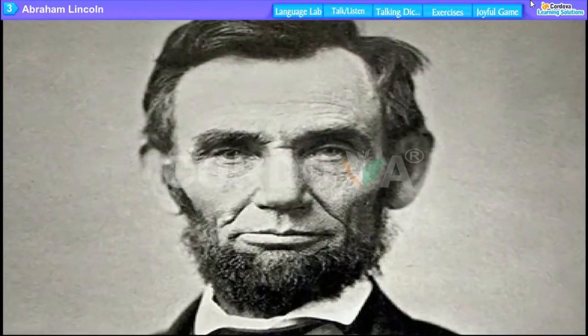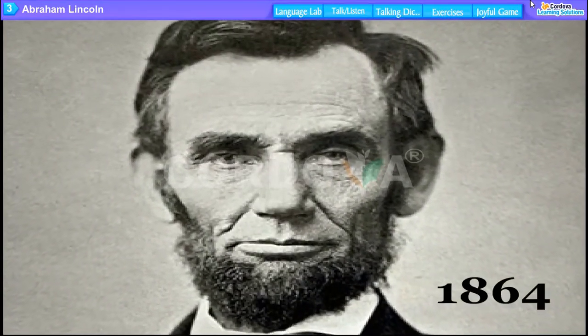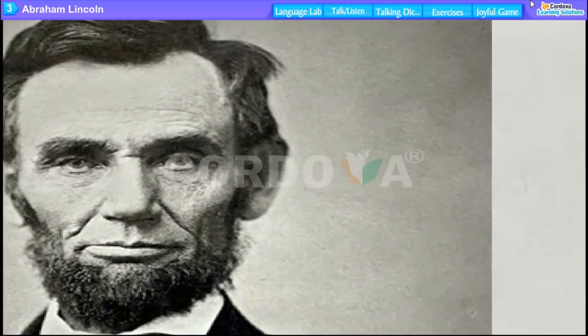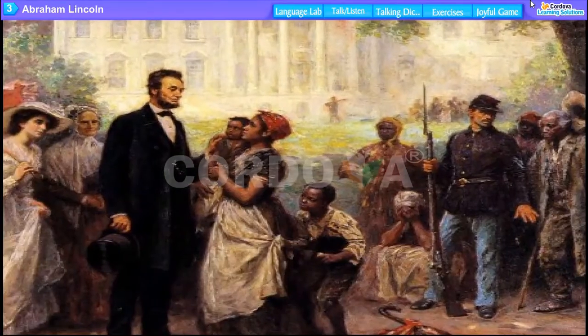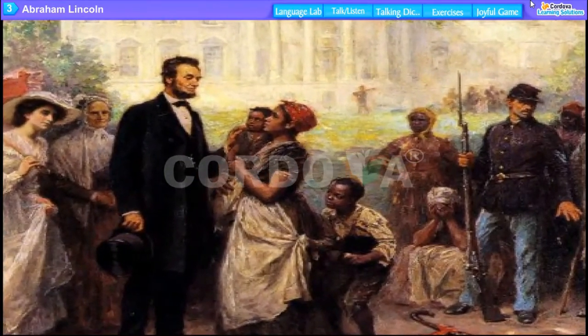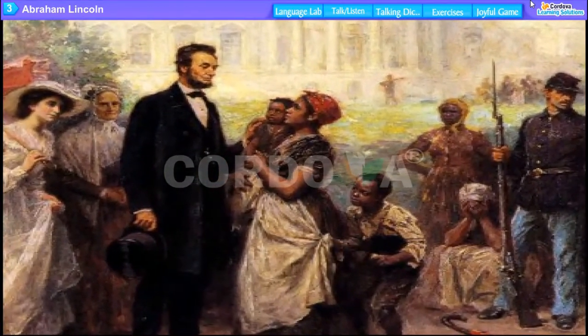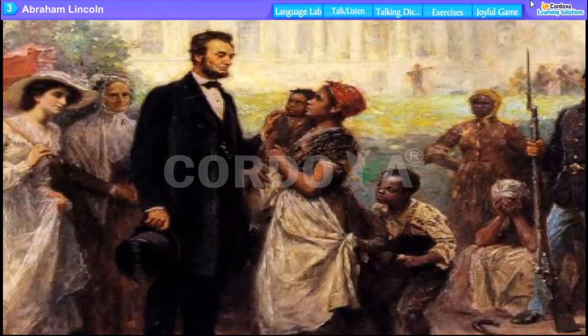Lincoln was re-elected president in 1864, defeating Democrat George B. McClellan. He was not against anybody and wanted everybody to live in peace. He made sincere efforts to heal the people's wounds caused by the war.